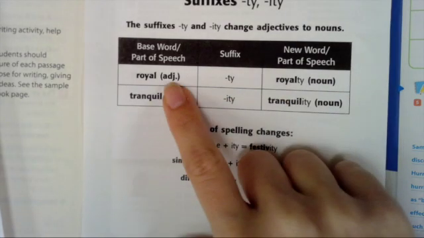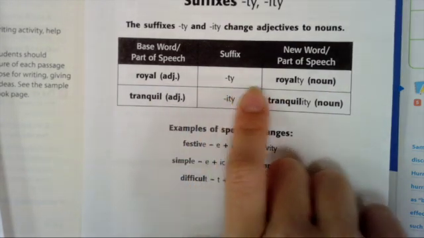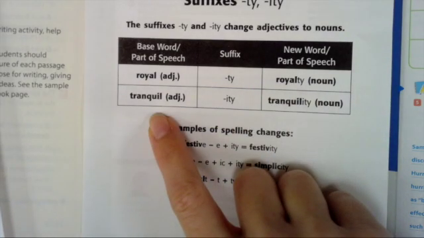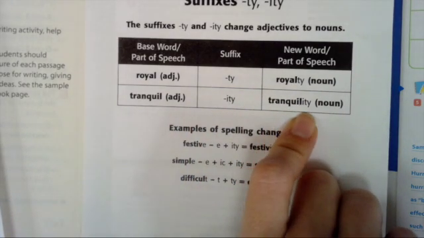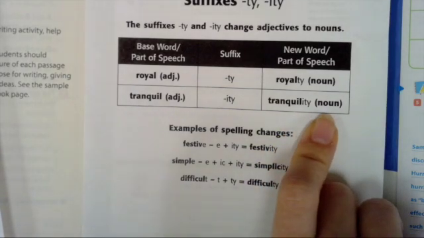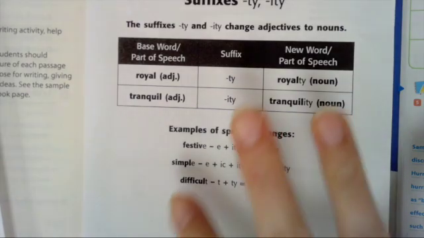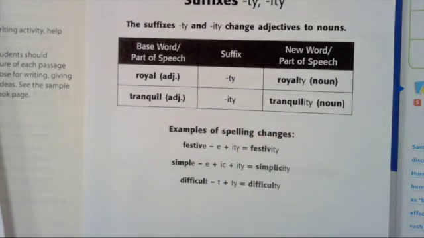When you take royal and you add ty to it, royalty, now it's a noun. When you take tranquil and you add ity to it, you have tranquility. Now it's a noun. So you need to glue this down and make sure you complete 4 word study activities this week in your word study notebook with the suffixes ty and ity.